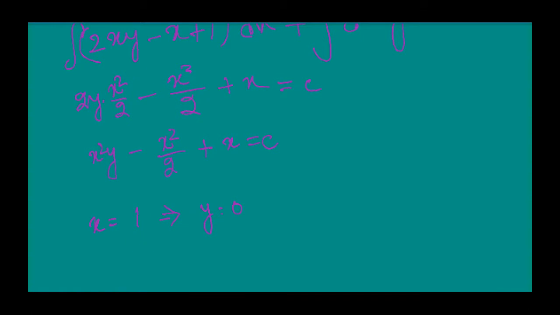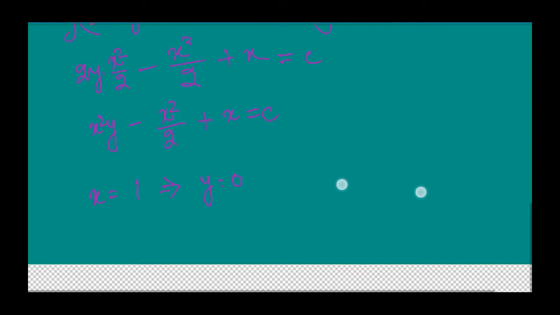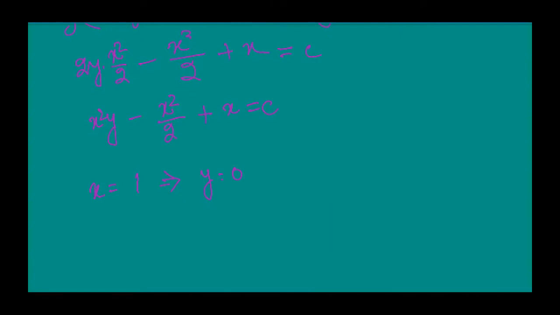So you have to put these values to find out the value of c, that is a constant. If I put the values, this will be 0 minus 1 by 2 plus 1 is equal to c. So c is coming to be half.